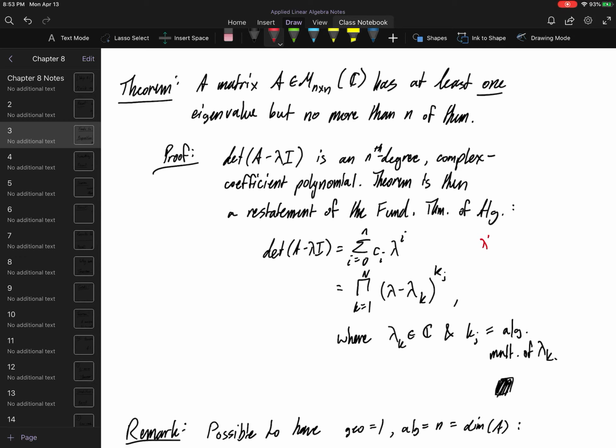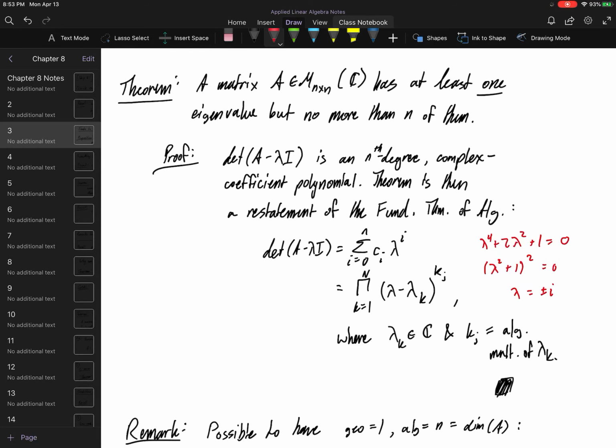So we did this, let's say, for lambda to the fourth plus 2 lambda squared plus 1 equals 0. So we have a 4-dimensional matrix. This factors as lambda squared plus 1, squared. So it means I wind up with lambda equals plus or minus i.